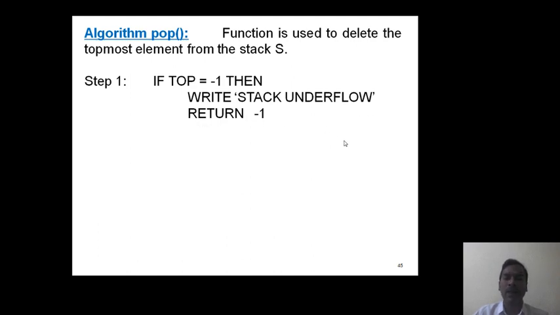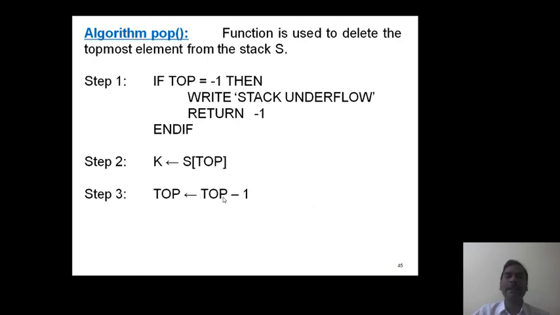Return -1, end if. If this condition is false, now k equivalent to s of top. Now top is decremented by 1, like top equivalent to top -1, then return k.